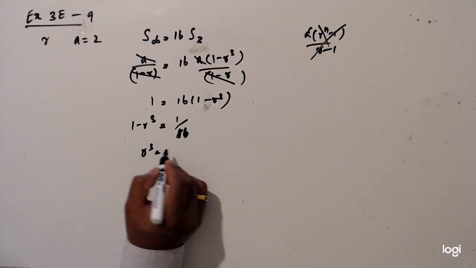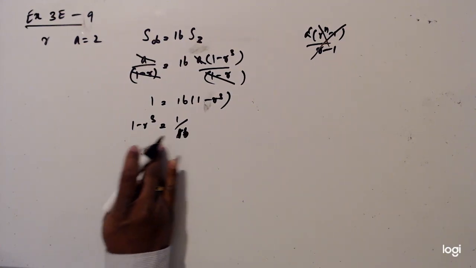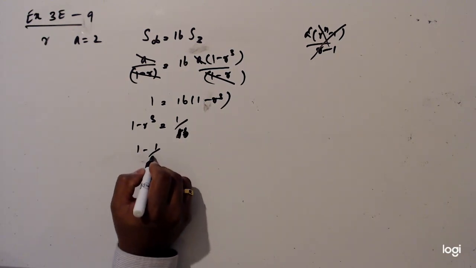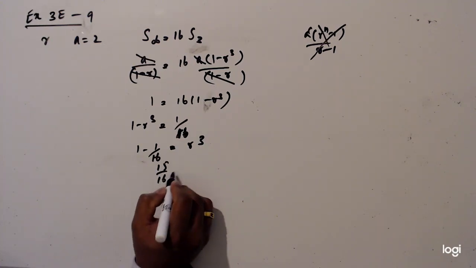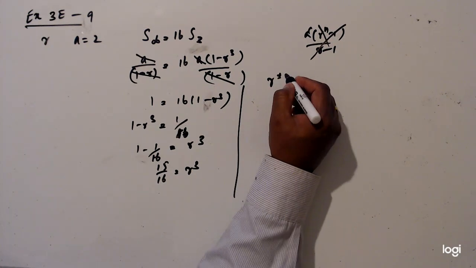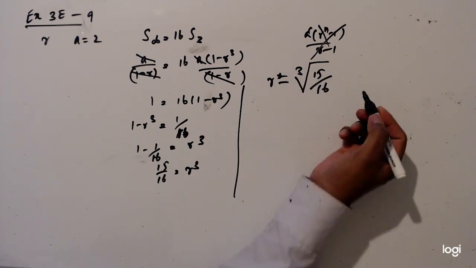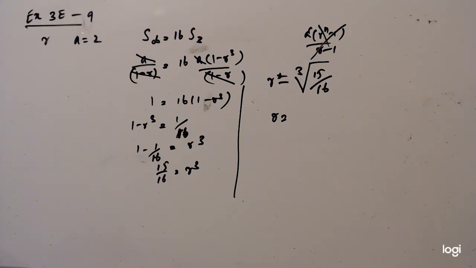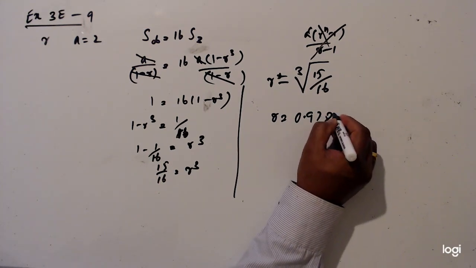So I'll bring it to the other side: 1 minus 1 over 16 equals r cubed. So 15 over 16 equals r cubed, so r is the cube root of 15 over 16. You will get the answer as 0.9787 approximately.